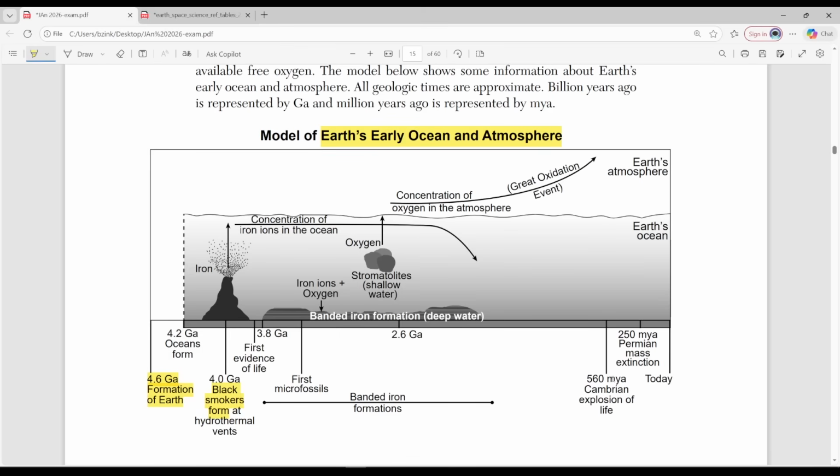Banded iron formations. Explosion of life. Mass extinction today. And we're saying basically at this spot, iron and ions, oxygen, stromatolites started there. And then it's saying overall, the iron went down and the oxygen in the atmosphere went up basically when the stromatolites were formed.